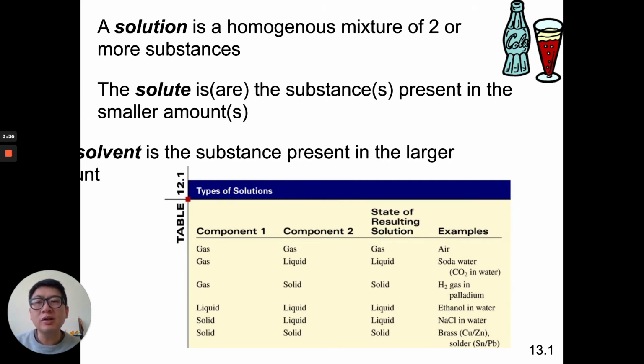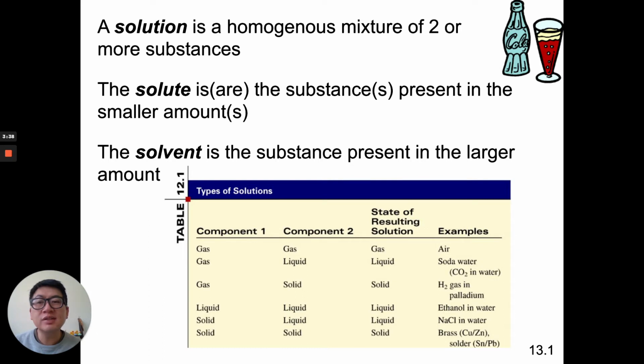There are two main parts to a solution: the solute and the solvent. This is our textbook's definition. It says a solute is a substance present in smaller amount, and a solvent is a substance present in larger amount. That works fine for a gas mixture like the air. The air is roughly 80% nitrogen and 20% oxygen.